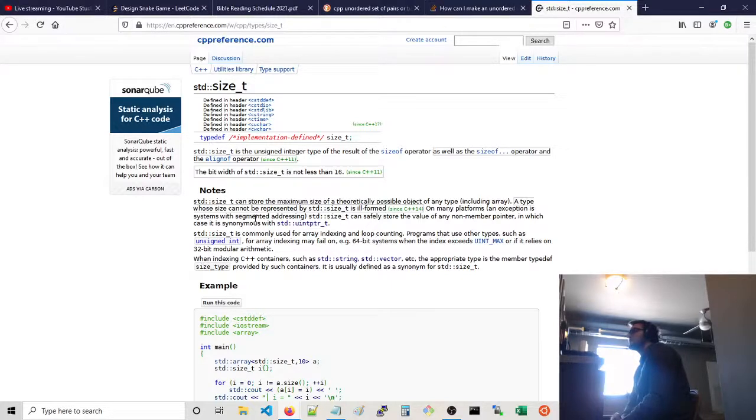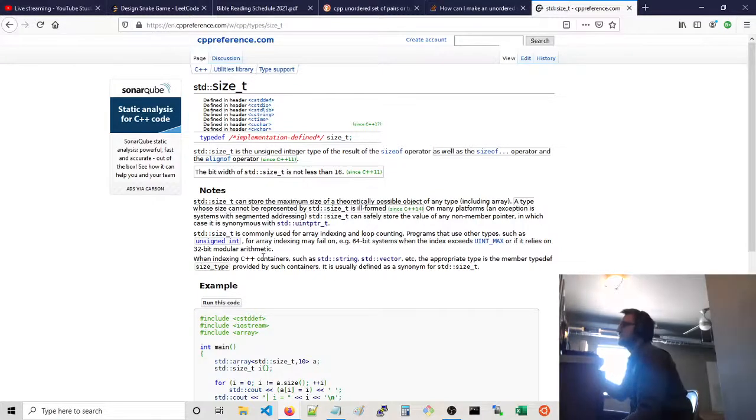Programs that use other types, such as unsigned int, for array indexing may fail on 64-bit systems when the index exceeds or relies on 32-bit modular arithmetic. For indexing C++ containers such as string, vector, etc., the appropriate type is the member typedef size_type provided by such containers. It is usually defined as a synonym for std::size_t.